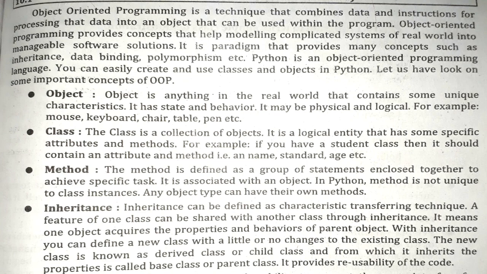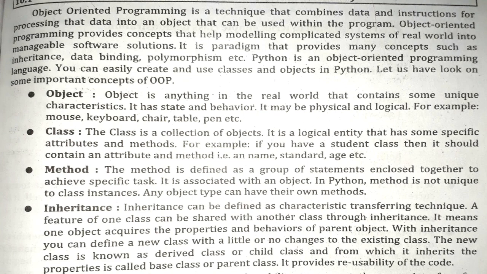Then we have method. As we have seen in this slide, the example of the student class has different attributes like name, standard, age. To take the values of all such attributes from the user, to display them or to use them in calculation, we have to create one group of statements enclosed together to perform a specific task, and that is nothing but the method.